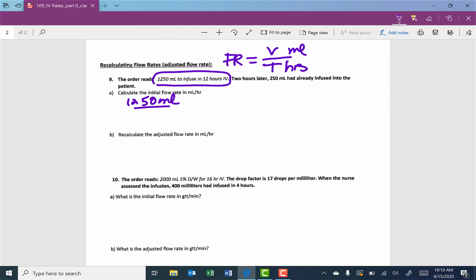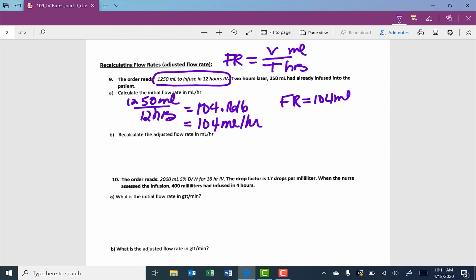If you get that, you're pretty good. So we have 1,250 milliliters over 12 hours. So if we divide that, we end up with 104.1666 milliliters per hour, rounded to the nearest whole, and you get 104 milliliters per hour. So that's your flow rate. So your flow rate, usually FR, is equal to 104 milliliters per hour.